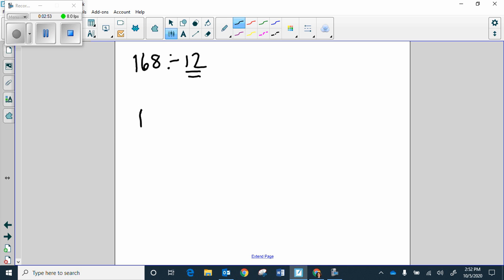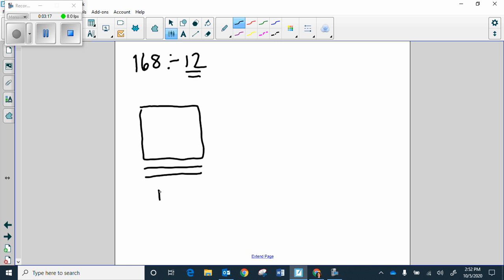If I draw a flat, again, that is 10 groups of 10, but I need 10 groups of 12. So I'll have to draw one long under, that would give me 10 groups of 11, another long underneath, that would give me 10 groups of 12.